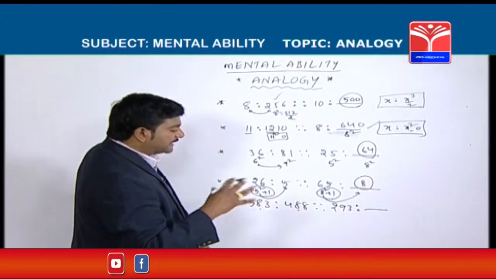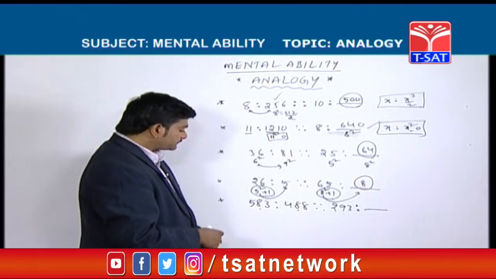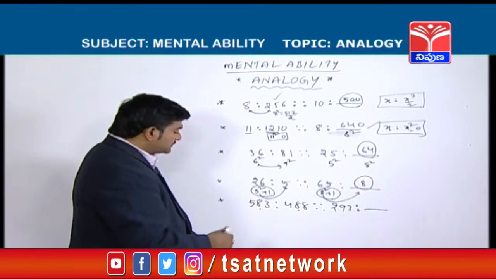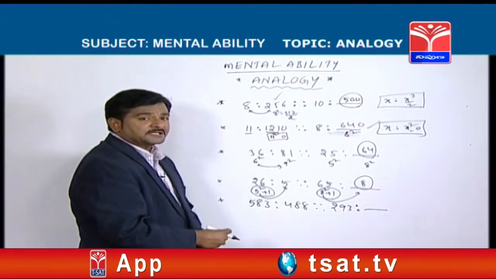If you didn't get any idea, here is one more way of doing this question. Find the sum of the digits in the given number.